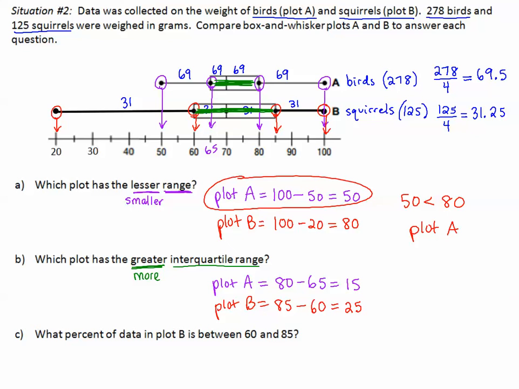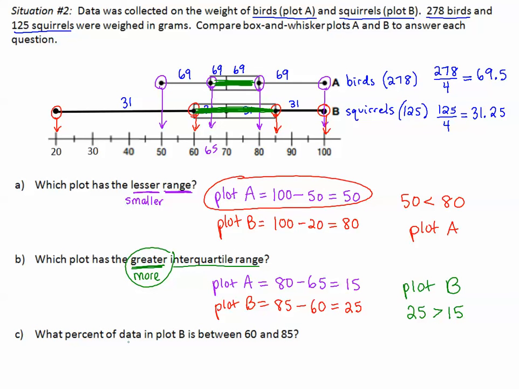This box is long, this box is short. So even just looking at the picture, we can tell that the greater interquartile range is the one that's longer, and that would be plot B. So we can say plot B. If we need to give a reason, we can say because of the numbers. 25 is greater than 15.